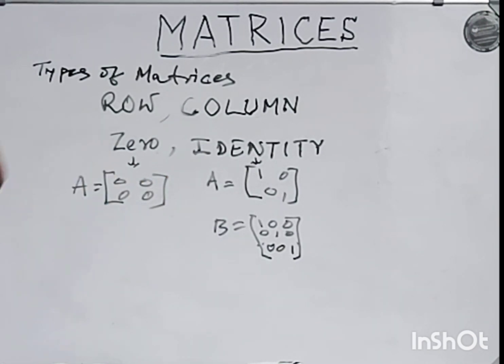The order you can find out on your own. So 2 by 2 you can write here. A matrix whose all elements are 0 is called a null matrix or a zero matrix.